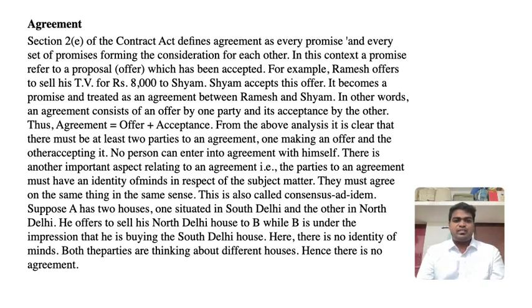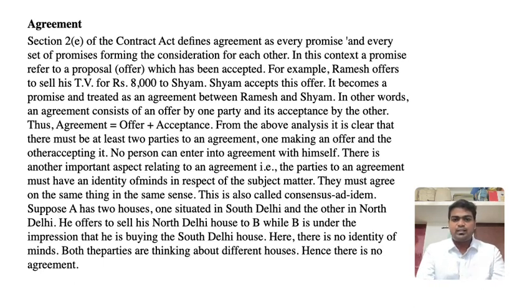So in our presentation we have an example. There are two parties, A and B. A has two houses, one situated in South Delhi and the other in North Delhi. He decided to sell one of his houses, the one located in North Delhi, to B. But B got it in the wrong way.